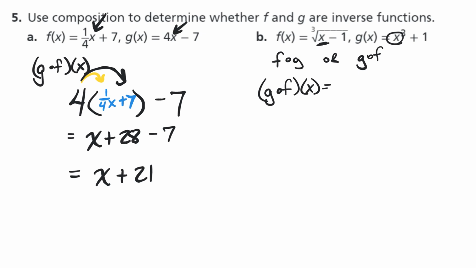So I'm going to write the g of x function, but I'm not going to use an x. I'm going to be using a big parentheses in place of the normal x. And in place of that, I'm going to put in the entire f of x function, which is the cube root of x minus 1.